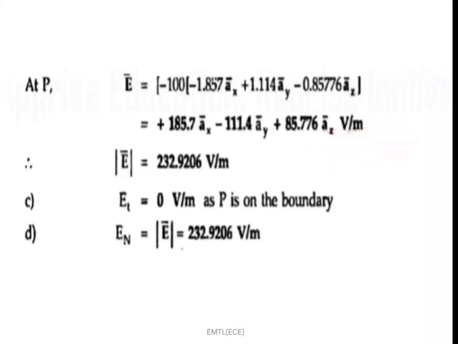In this problem we have to find the magnitude of the electric field intensity, that is mod of E bar, the square root of the square of the coefficient of Ax bar plus the square of the coefficient of Ay bar plus the square of the coefficient of Az bar, that is square root of 185.7 whole square plus 111.4 whole square plus 85.776 whole square, which is equal to 232.9206 volt per meter.